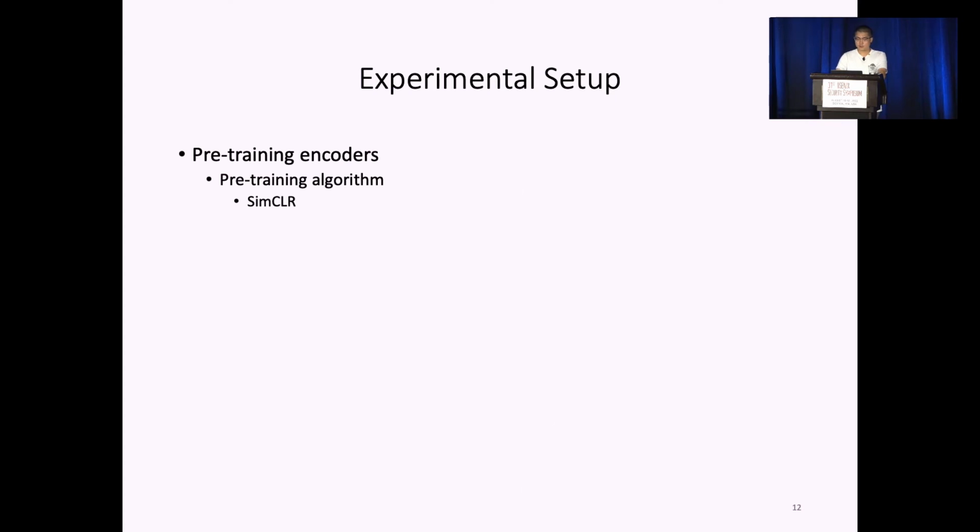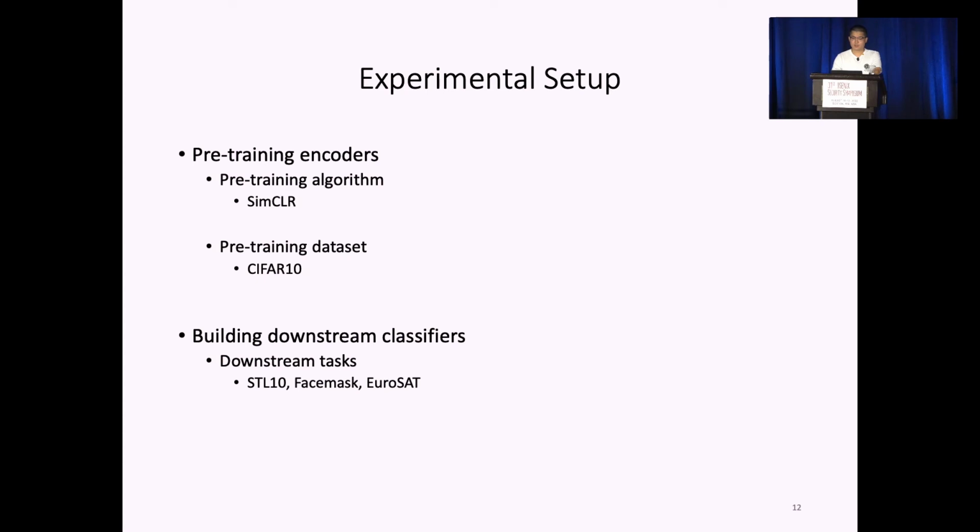And next comes the evaluation part. We pre-train the encoder using SimCLR and the pre-training dataset is CIFAR10. We also explore more pre-training algorithms and more pre-training datasets, including the full ImageNet. This is the default setting I will report in this talk's experimental results. For building downstream classifiers, we use three popular downstream tasks and a fully connected neural network as the downstream classifier.